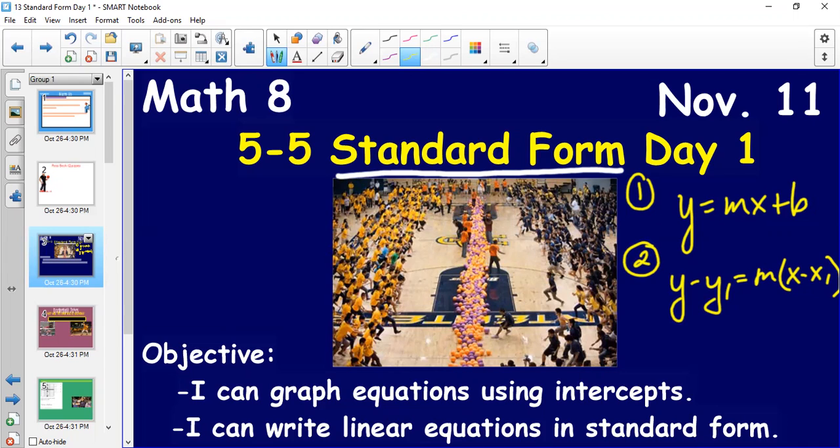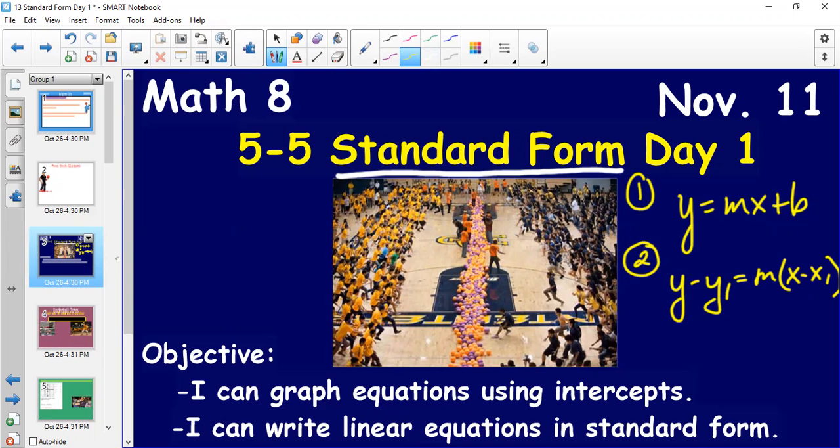Standard form is probably the one used the most in real life, and we're going to use it all the time in chapter 6. This is the introduction to it, but chapter 6 will be very heavy on standard form. We're going to talk about two things today.